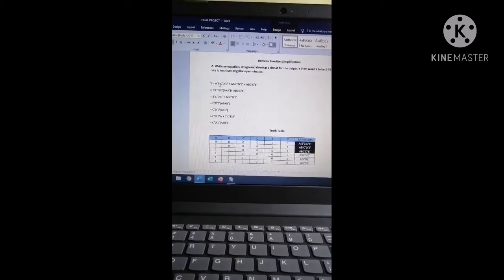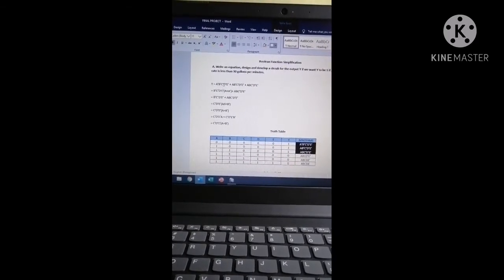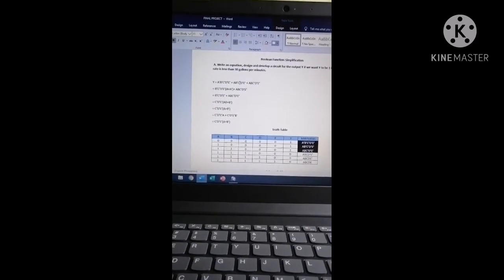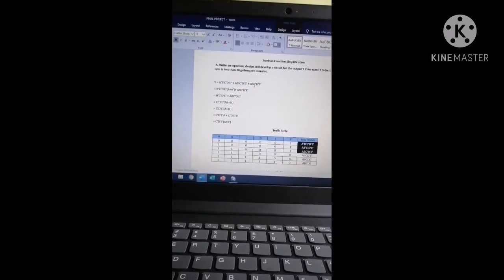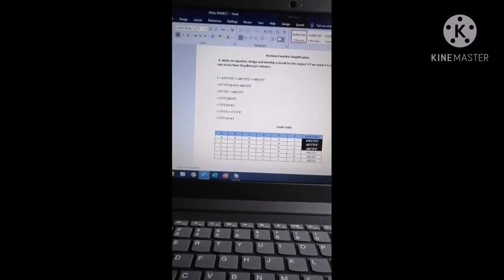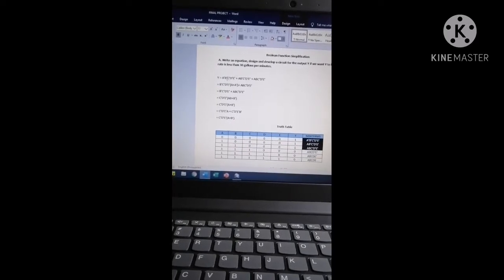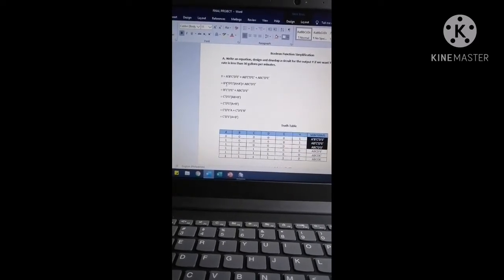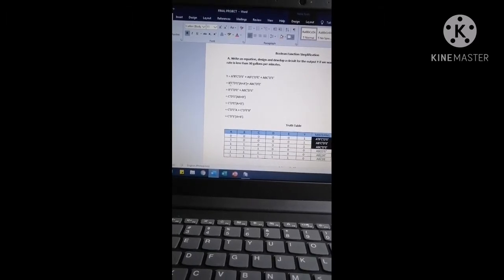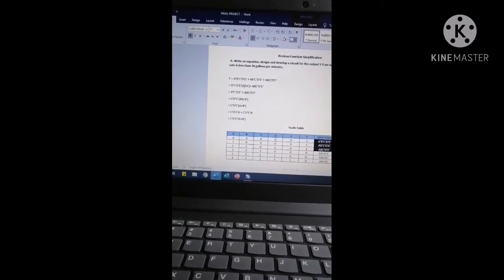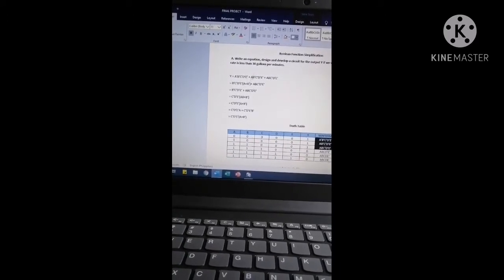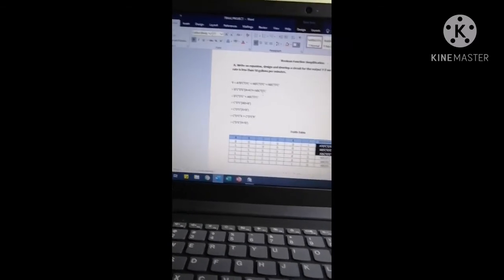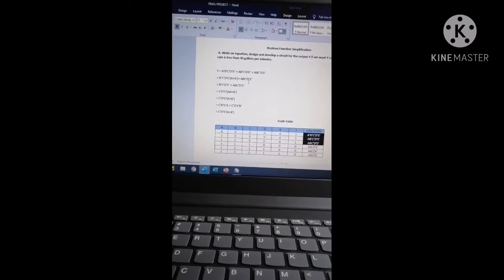So Y equals A bar B bar C bar D bar E bar plus A B bar C bar D bar E bar plus A B C bar D bar E bar. Equals, we factor out the common terms. So B bar C bar D bar E bar times (A plus A bar), which cancels since A plus A bar is 1, plus AB C bar D bar E bar.